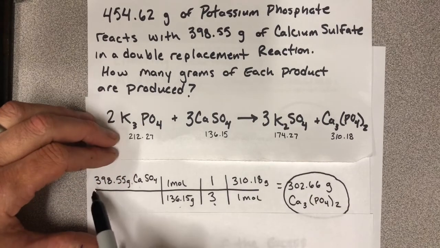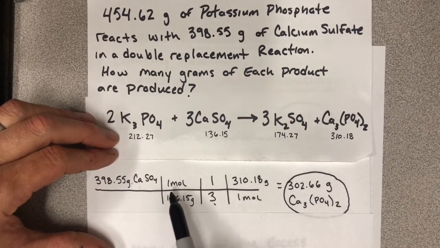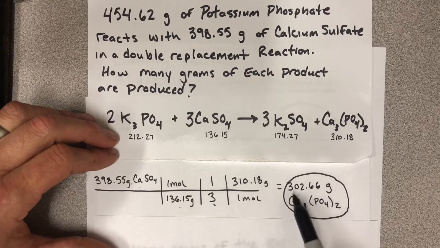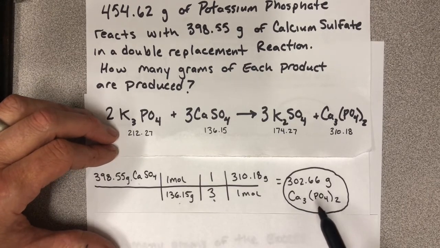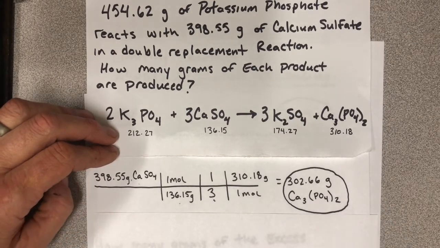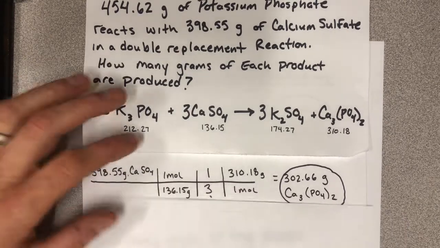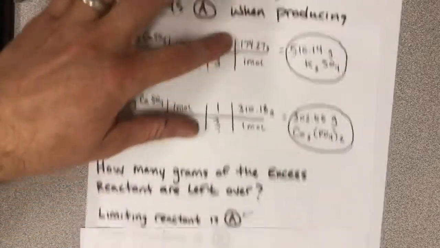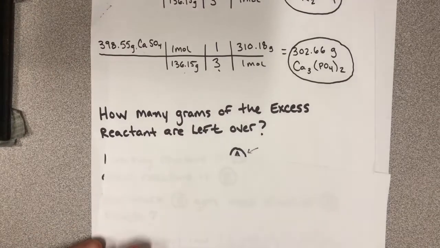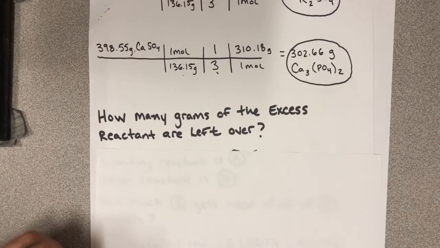And it turns out that based on our limiting reactant of calcium sulfate, we can produce 302.66 grams of calcium phosphate.